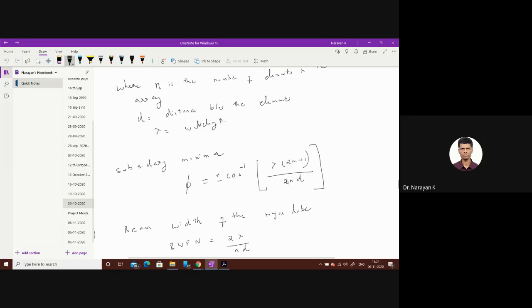Okay, now please substitute in this formula. Will you get the same thing that we have just derived? This will be plus minus cos inverse of lambda 2m plus 1. Are you with me? Just put it in this equation. N is equal to 4. D is lambda by 2, no? Yes, sir.